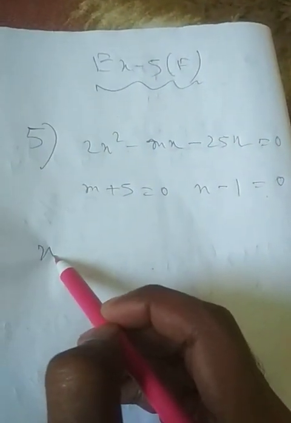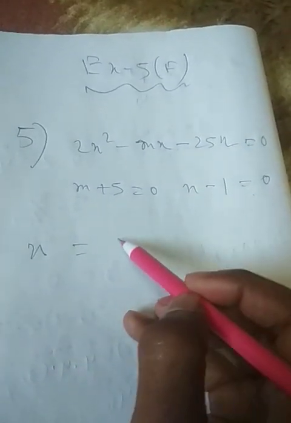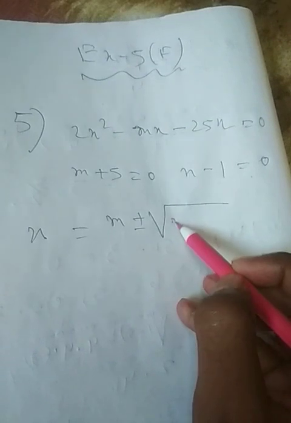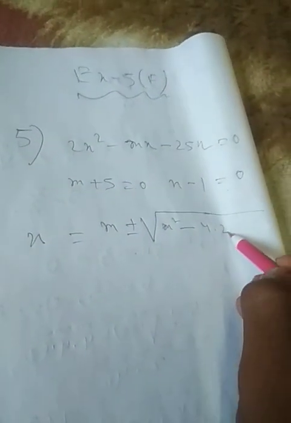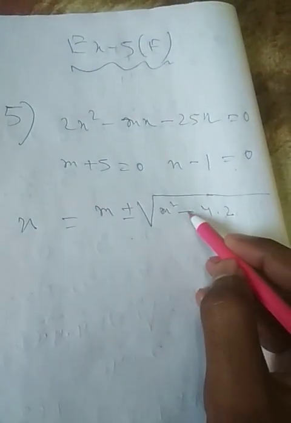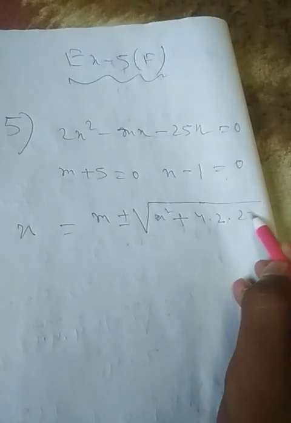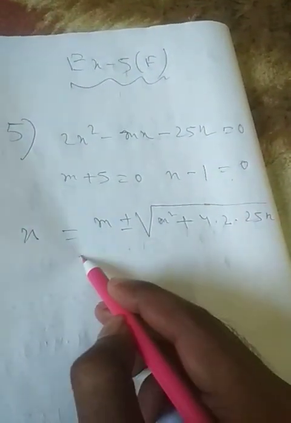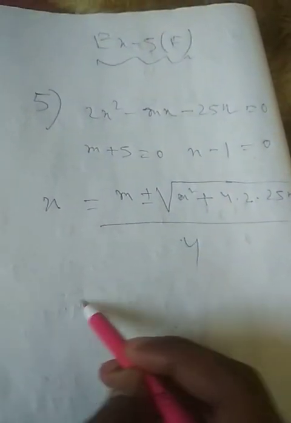Now I know that x equals minus b, that means here m, plus or minus root over b square, that means m square, minus 4ac, a is 2, c is minus 25n, so that becomes plus 200n, by 2a, that means 2 into 2, 4.